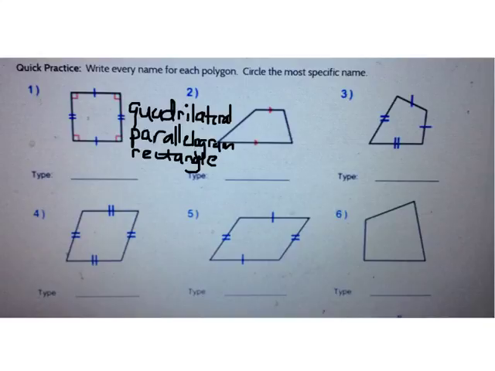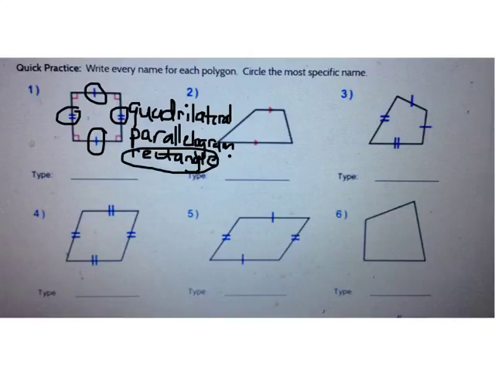Is number 1 a rhombus? Does it have 4 equal sides? Well, if I look at the lines, these 2 sides are equal, but these 2 sides are not equal. So no, it is not a rhombus. Is it a square? No. So the most specific name is rectangle.